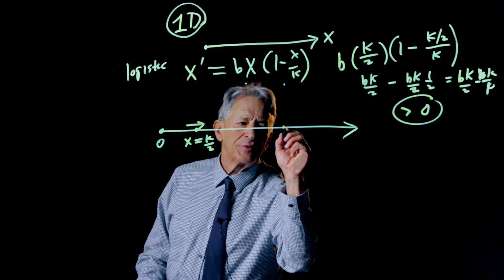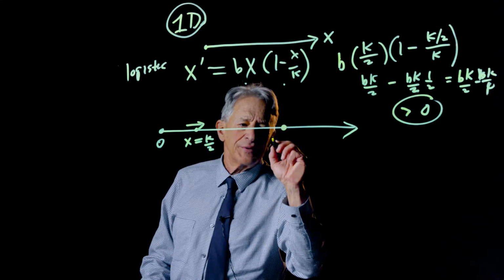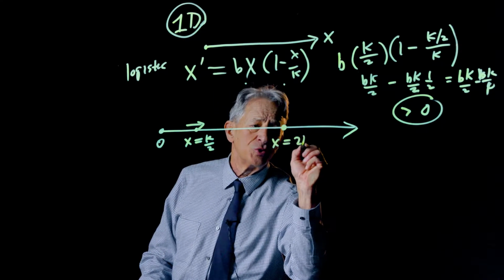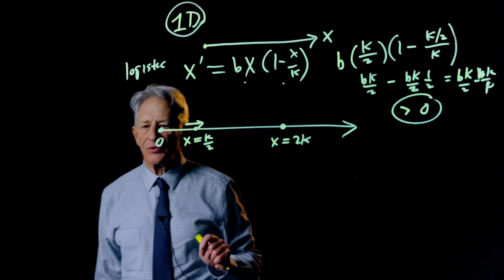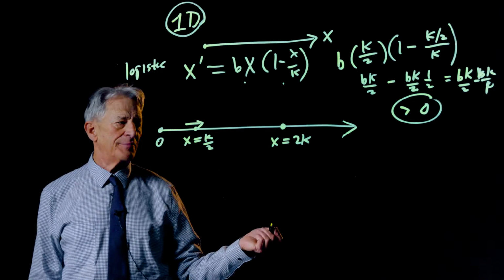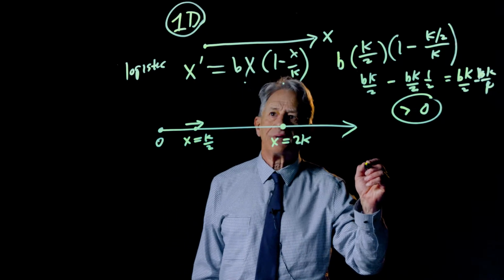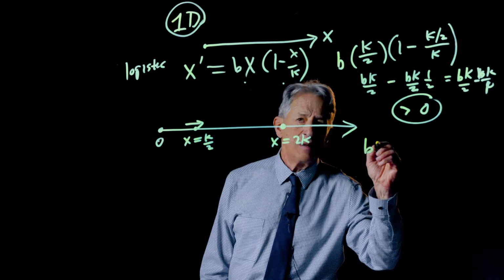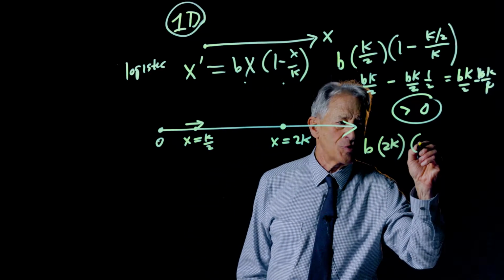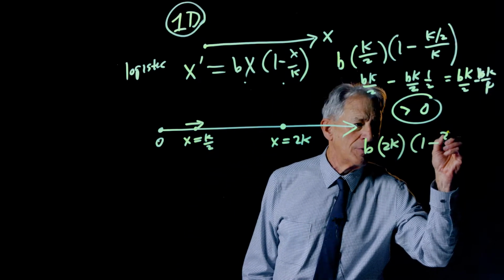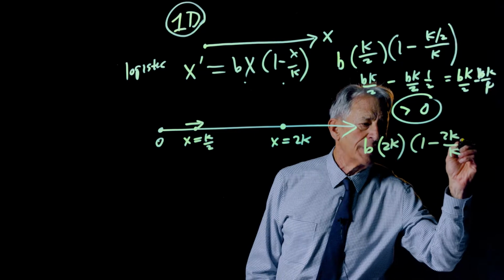Let's take another test point here. Let's take x equals 2k. So let's figure out the vector field at x equals 2k. So what is it? It's b times 2k times 1 minus 2k over k.